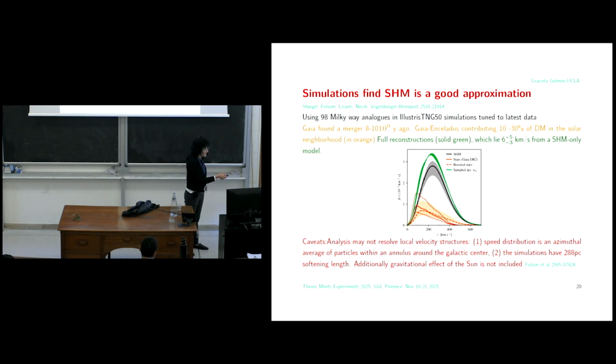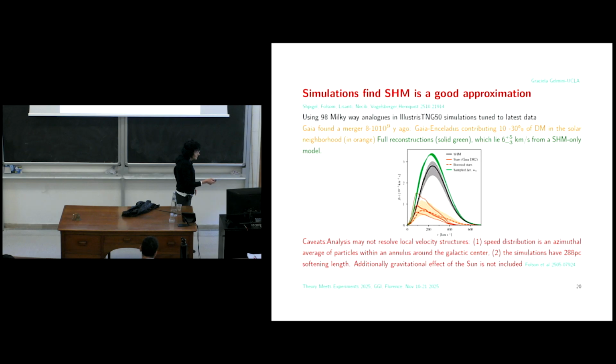One, because the speed distribution is taken as an azimuthal average around the simulation, right? So they take the curves to be indicative, making an average over an annulus. And so you lose any local features that there could be.